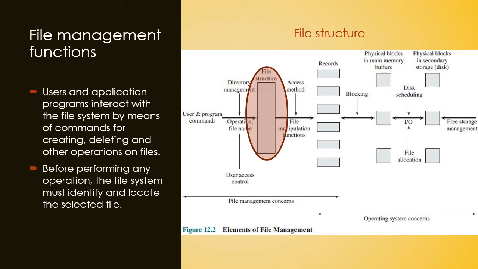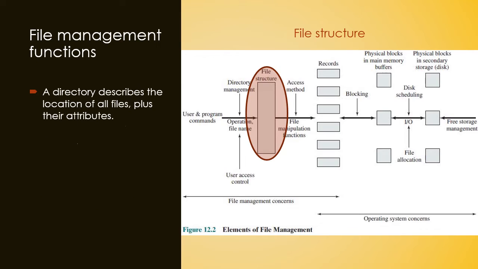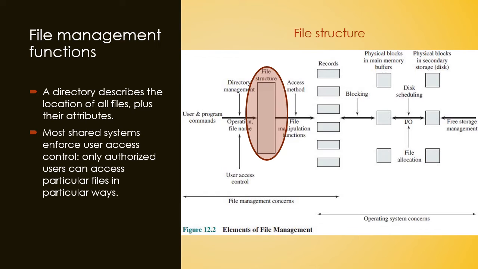Before performing any operation, the file system must identify and locate the selected file. A directory describes the location of all files plus their attributes. Most shared systems enforce user access control. Only authorized users can access particular files in particular ways.